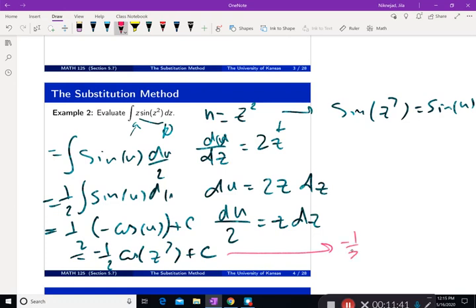I get negative 1/2 sine, that derivative of outside evaluated at inside, times the derivative of the inside, that's negative, times the derivative of inside, and you clean it up, and 2 and 2 simplify, negative and negative simplify, and you end up with z sine of z squared. Oh, this is exactly the integrand over here. And the red part is testing to see if you have done it correctly or not.